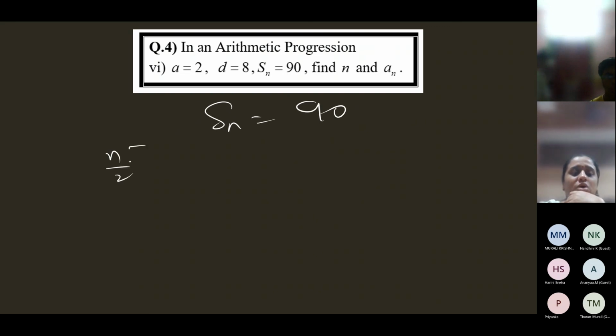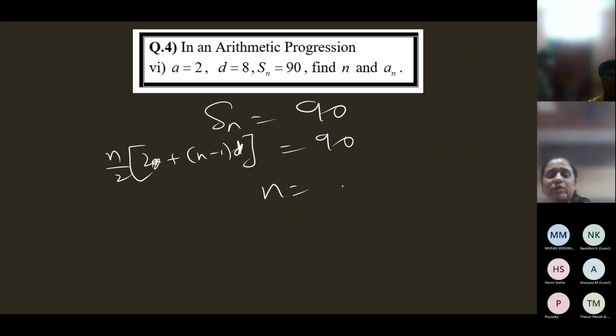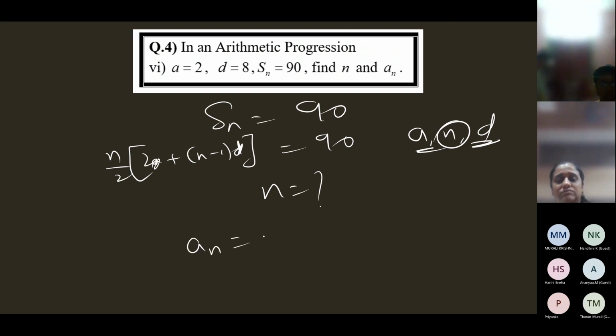So n by 2 of 2A plus n minus 1 into D is equal to 90. n we don't know, but you know A and you know D also. That means you can work this out and find n. And then you have to find An.